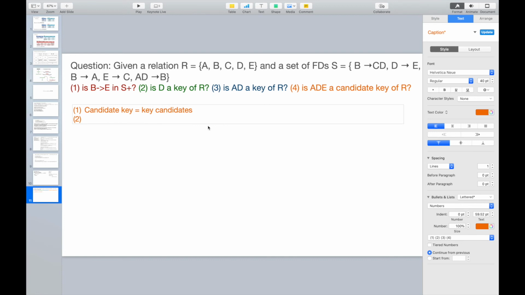So to answer this question, we need to follow the definition, right? So we need to check first ADE is a candidate key or not.